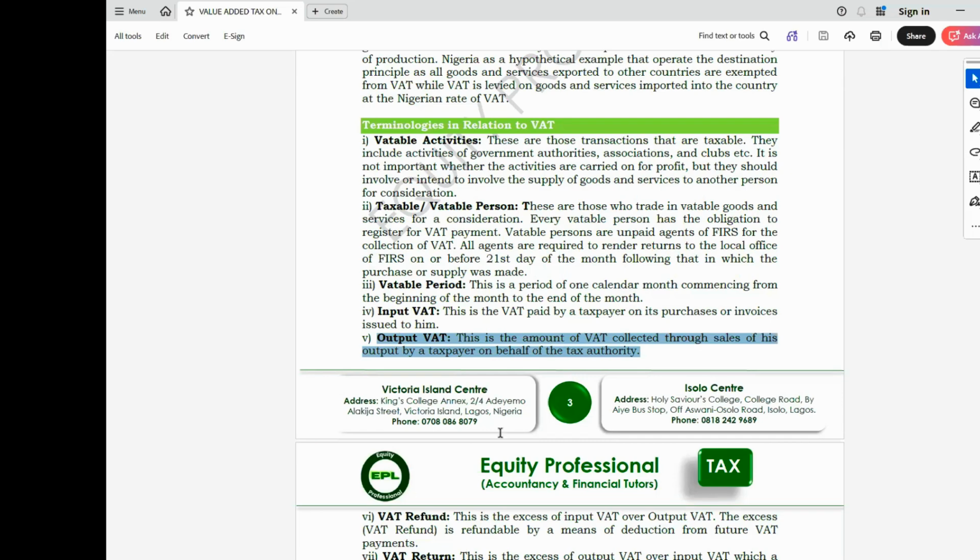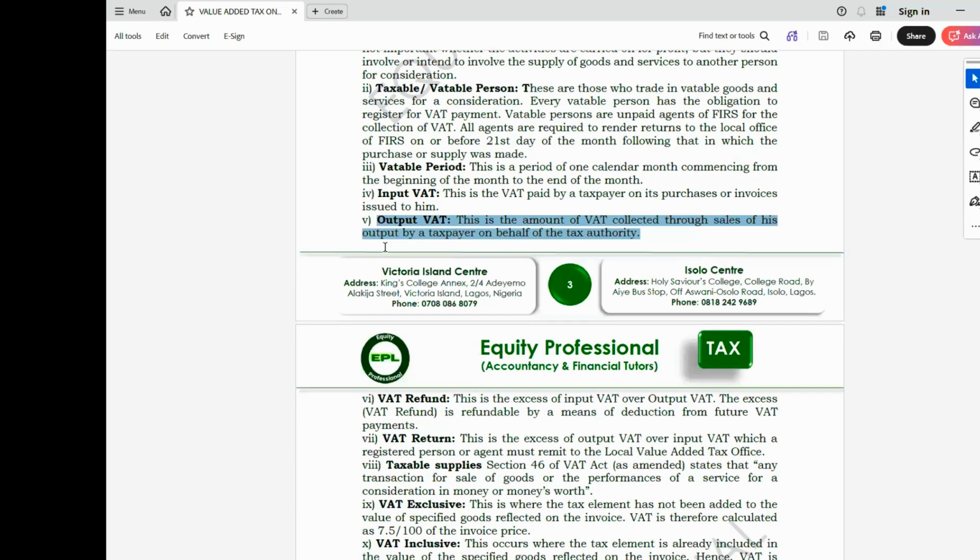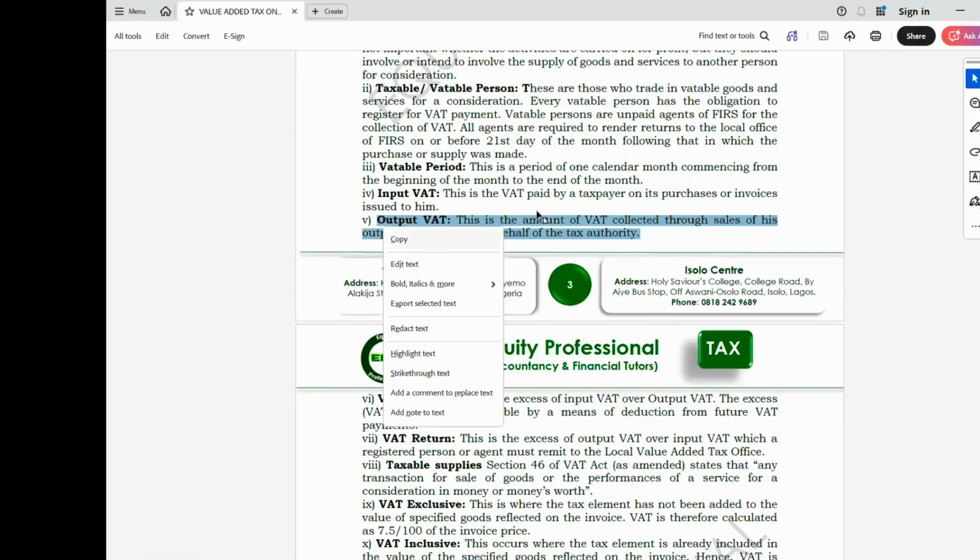So you may have a scenario whereby the law gave you an opportunity to remove your input VAT from your output VAT. Unlike in the case of withholding tax, whereby you cannot remove your withholding tax payable from your withholding tax claimable. But in the case of value added tax, the law gave you a right to remove your input VAT from your output VAT.